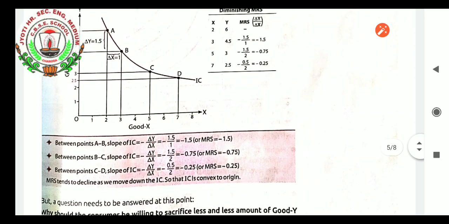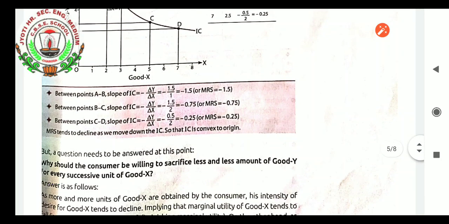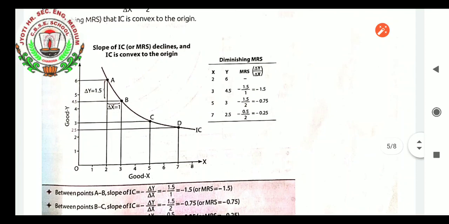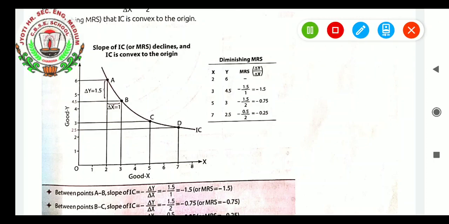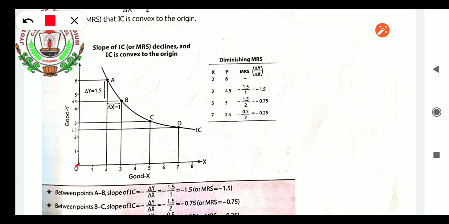So how MRS is calculated you might be knowing, and if you want to know how the X and Y graph is drawn, see here: 0 is there and the X and Y axes are there. Now in the X and Y units, here it will be X, here it will be Y. So goods X, how much is there in the first unit?